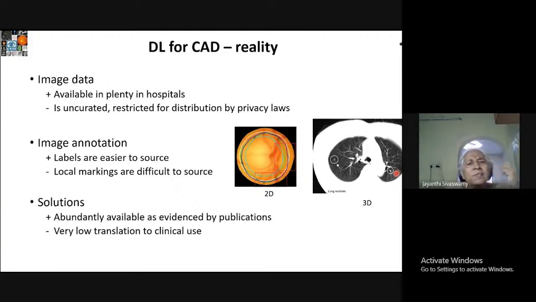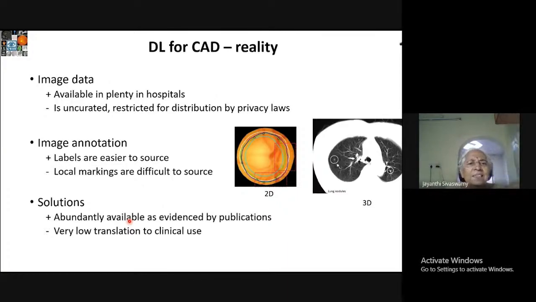The DL solutions, you would think, are abundantly available because you look at conference publications or journal publications, there are so many papers. Each year, hundreds of papers are being published. So you would think actually the world is in a good place. DL is solving lots of problems.